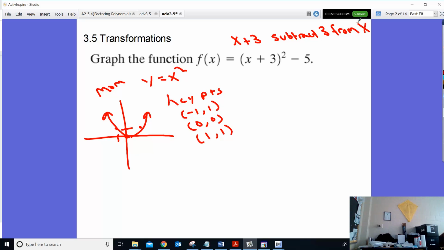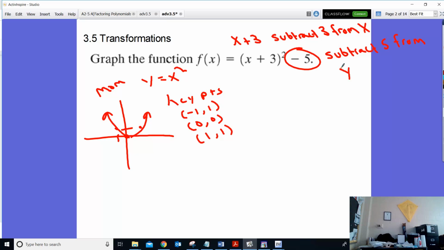Minus 5 means subtract 5 from y. x plus 3 is part of the horizontal shifting, and the minus 5 is vertical shift.